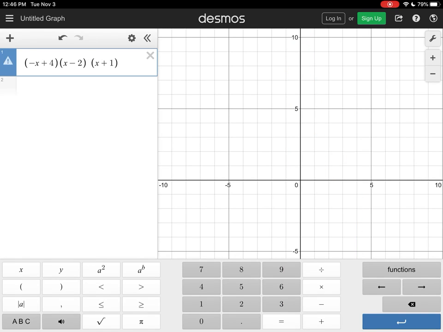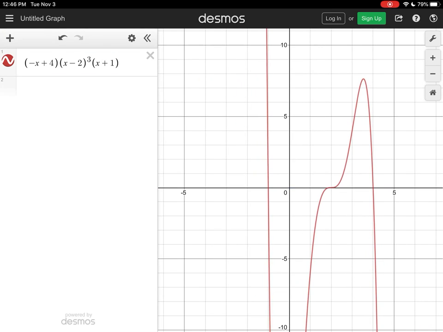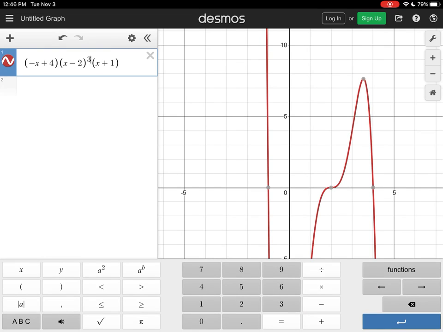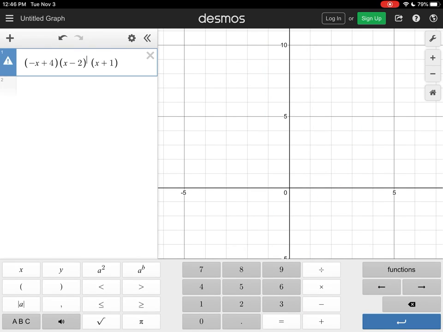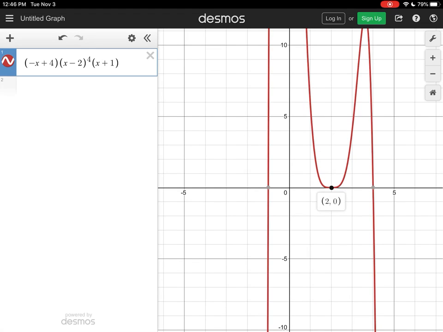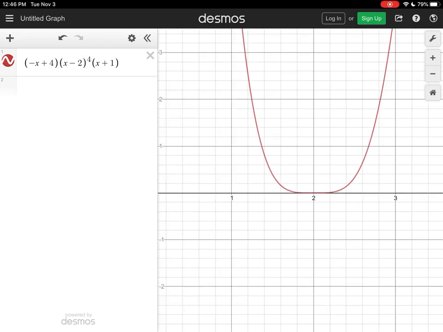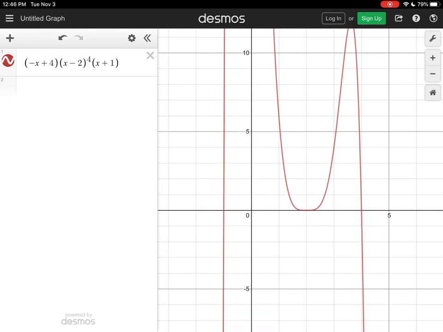What if I change this to a cubed? Okay, now it actually passes through at that point. It still passes through. What if I changed it to the 4th? Oh, again, it touches it, but does not actually cross over the x-axis.